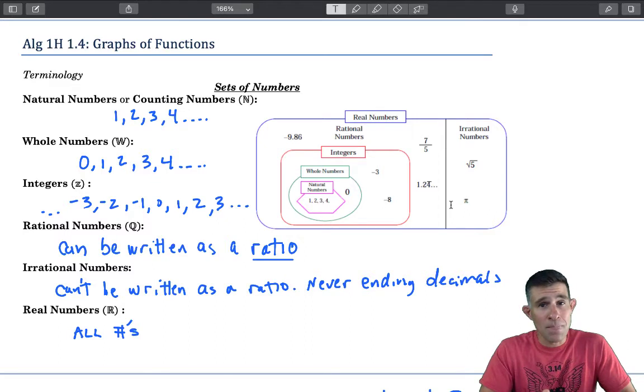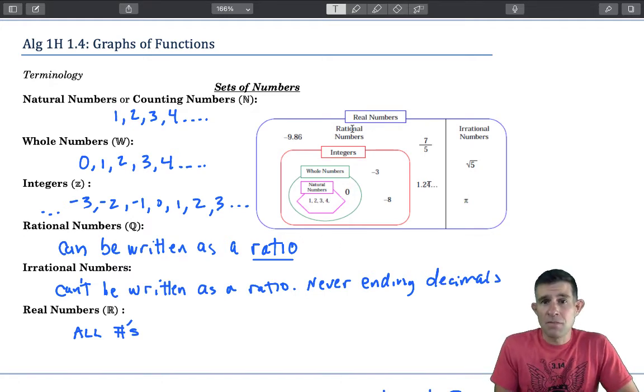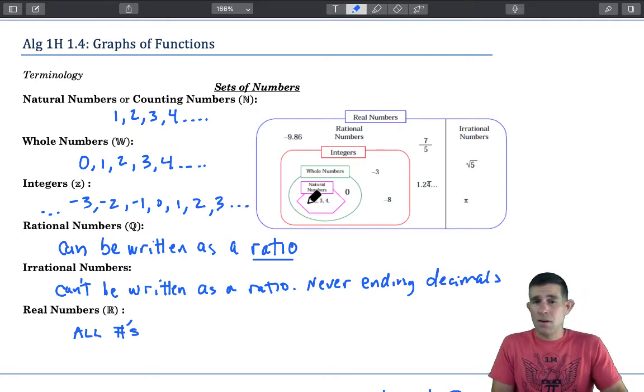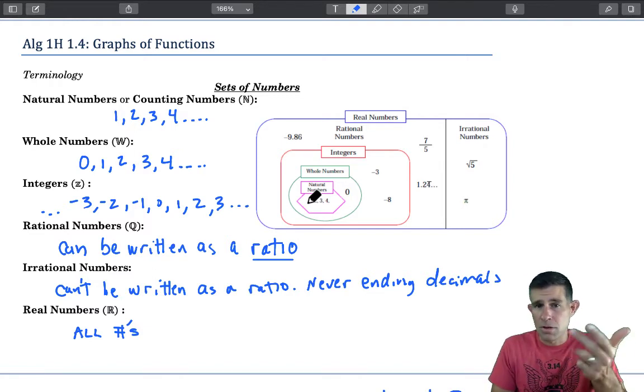But before we get going, as always, we're going to have a little bit of terminology. Today we're going to talk about our number sets. Our number sets can be viewed as this little Venn diagram here. Starting with the innermost set is our natural numbers, which are just our counting numbers: 1, 2, 3, 4, and so on.